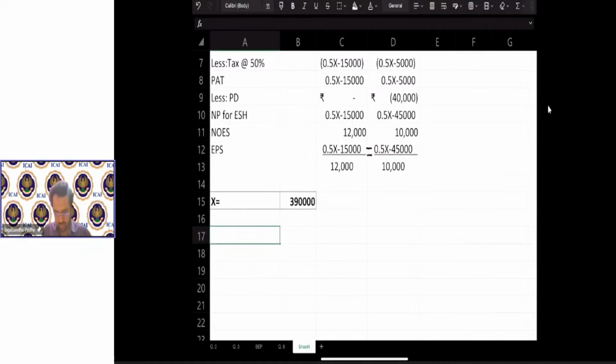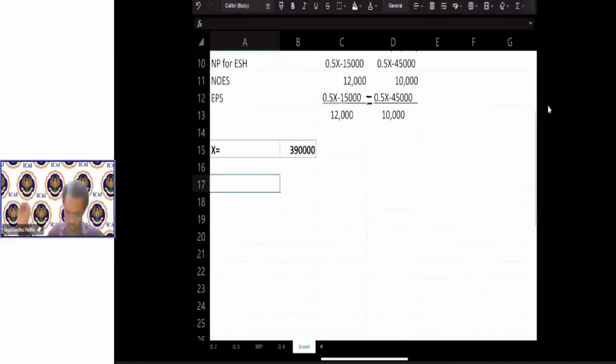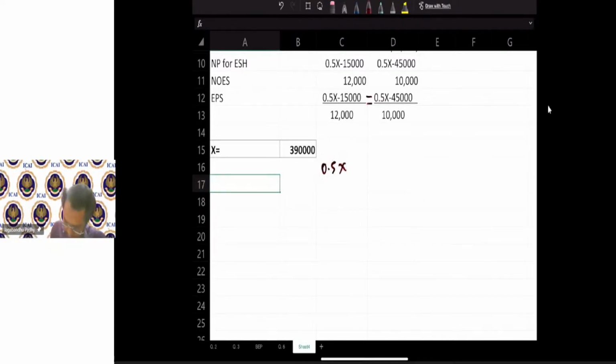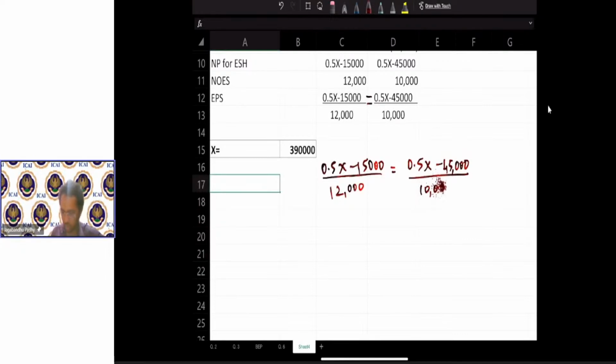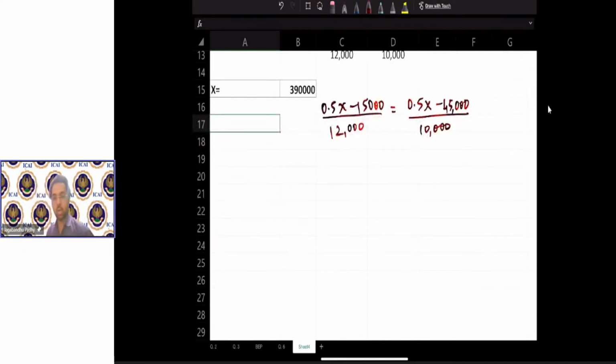If I portray how it is solved in pen and paper mode, 0.5x minus 15,000 upon 12,000 is equal to 0.5x minus 45,000 upon 10,000. If you have to solve it, I need to do the cross multiplication.